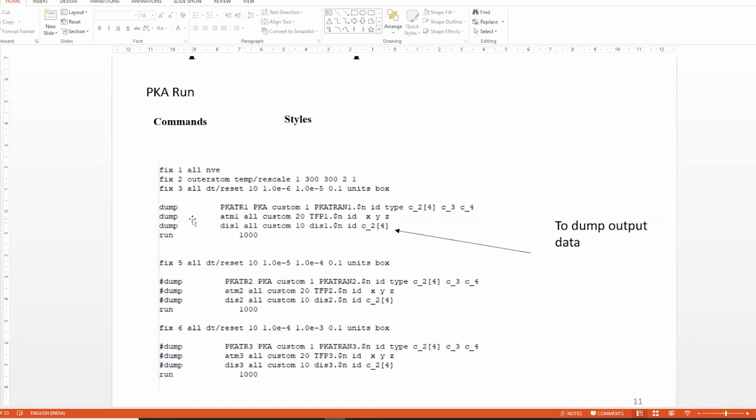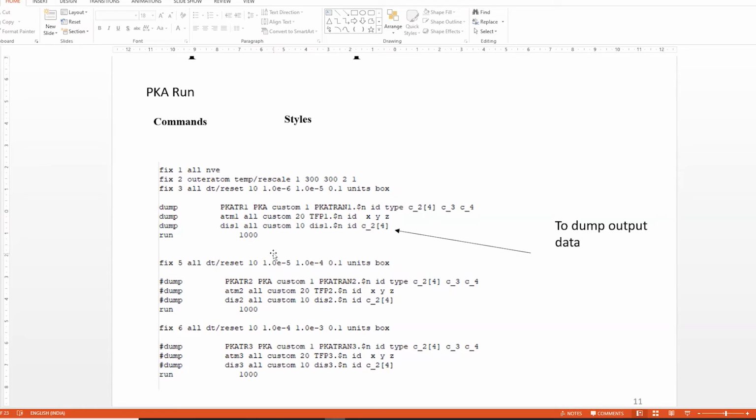Then you have to dump whatever simulation I'm doing for the PKA. I'm dumping all the data with time: the coordinates again, the kinetic energy of all the atoms, and the temperature.